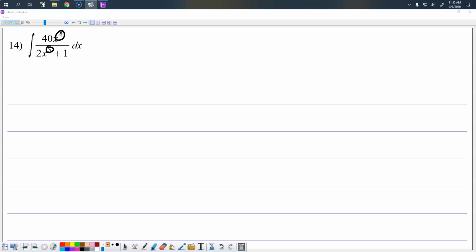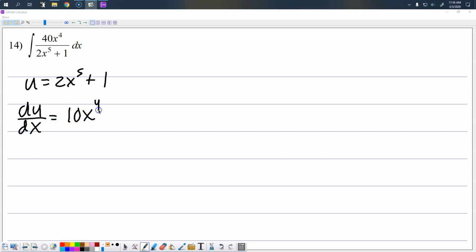When that happens, you are looking at a u sub problem where the bottom is the u. So du over dx is equal to 10x to the 4th, which means that du over 10x to the 4th equals dx. And let's do our u sub.